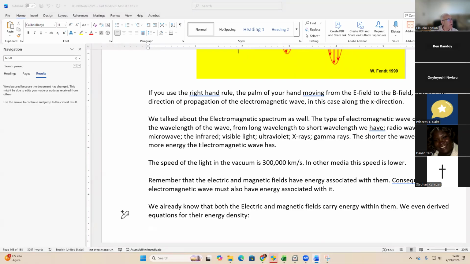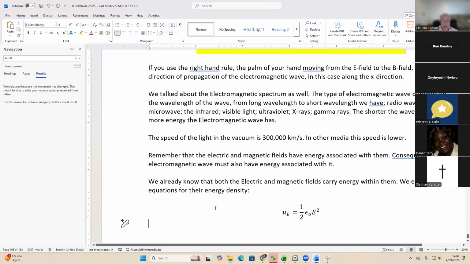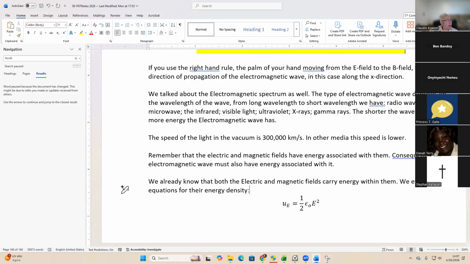The amount of energy per unit of volume for any electric field is given by this expression. And the amount of energy per unit of volume for the magnetic field for any wave is this one right in here.